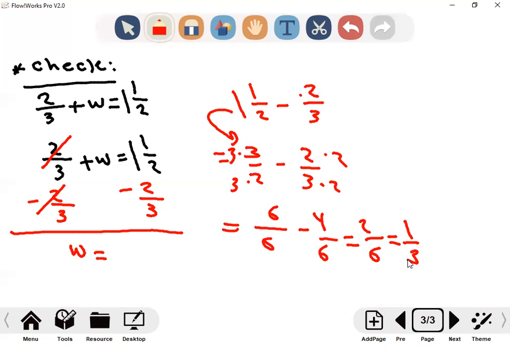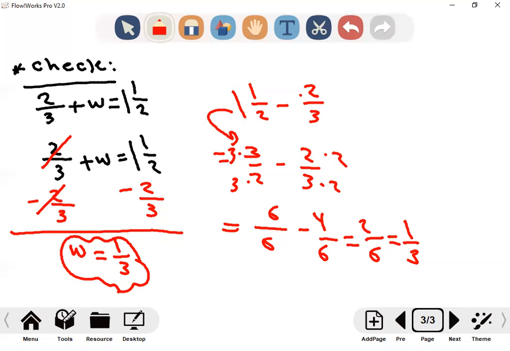So the value of W is... To check your answer, same way. Replace W by 1 over 3, then add, you'll have this answer. This is wrong, by the way. 2 over 3 plus W equals 1.5.